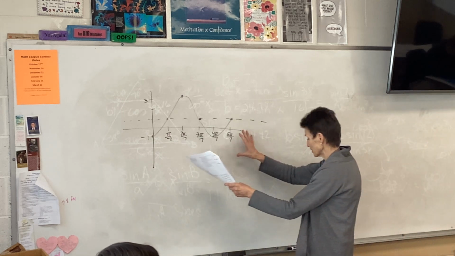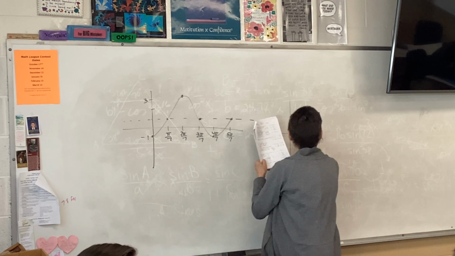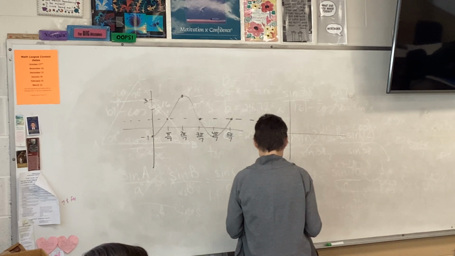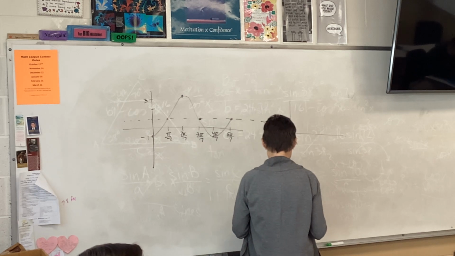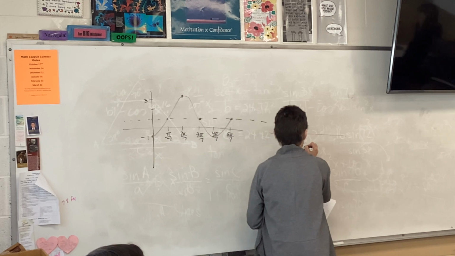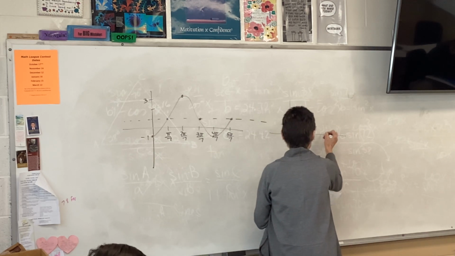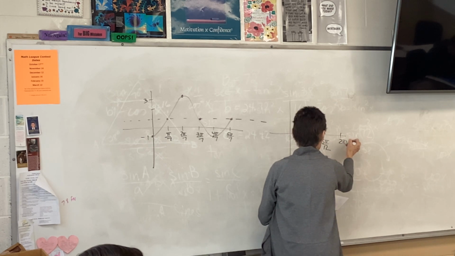Okay, I'm gonna leave this here because I'm gonna use this in a minute, but I'll put number 4 over here. Okay, so what's going on in number 4? Looks like we have pi over 6, 5 pi over 12, 2 pi over 3.